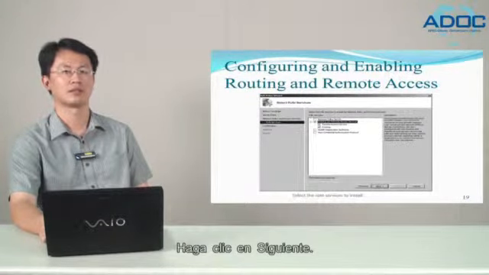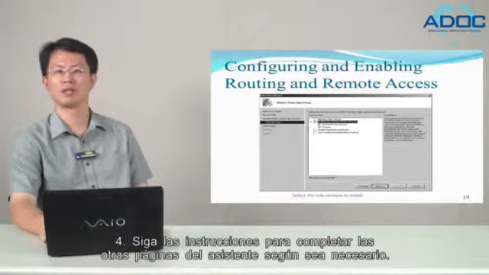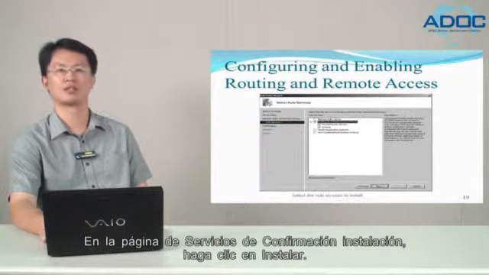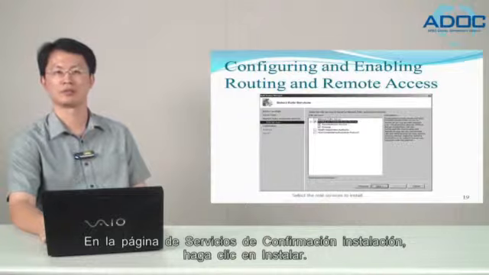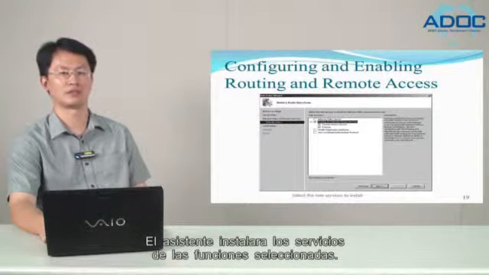Click Next. Fourth, follow the prompts to complete other wizard pages as necessary. On the Confirm Installation Selections page, click Install. The wizard installs the selected role services.